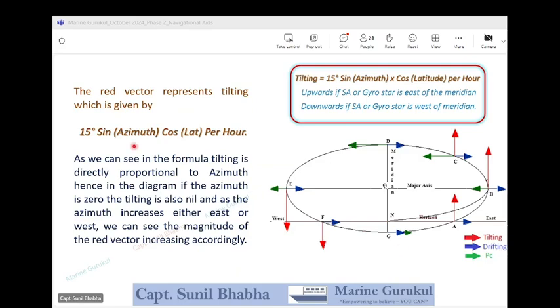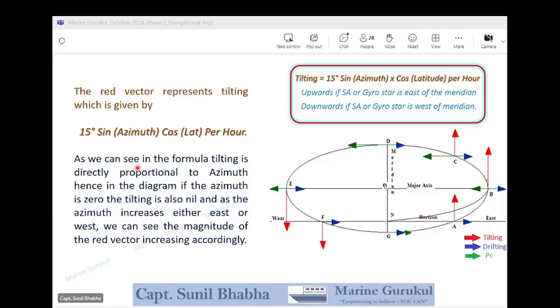We know that tilting is given by the formula 15 degrees sine of azimuth cos of latitude per hour. As the observer is stationary right now, there is no change in the latitude of the observer, but the azimuth of the spin axis, or the drift of the spin axis, is changing.